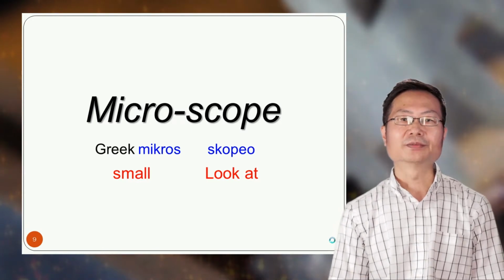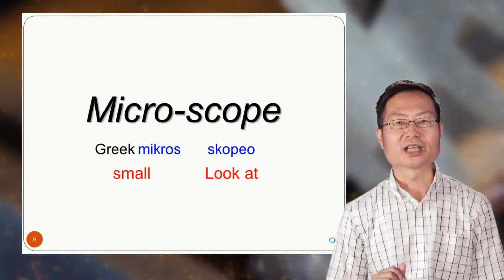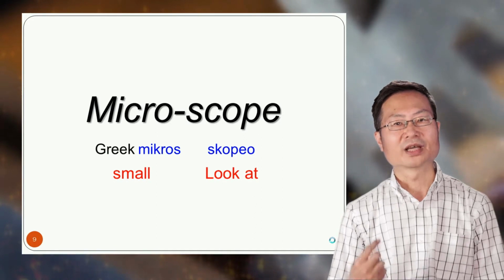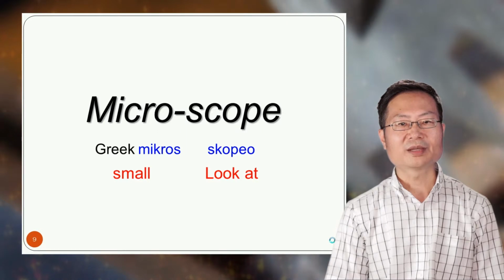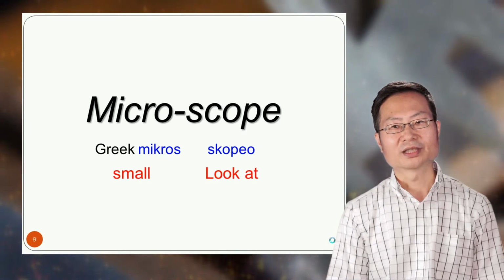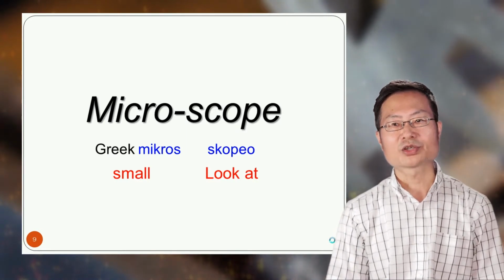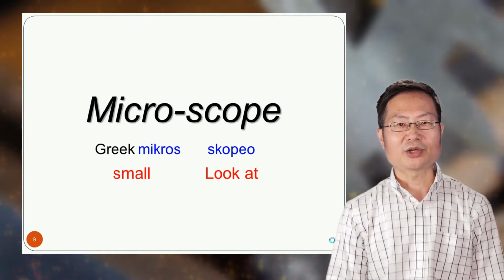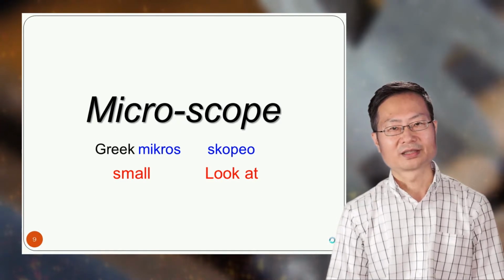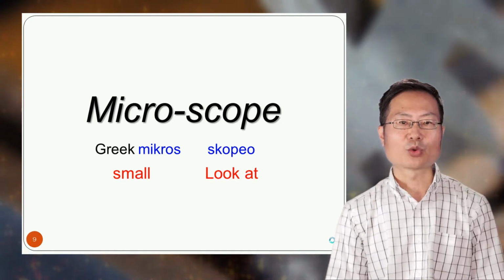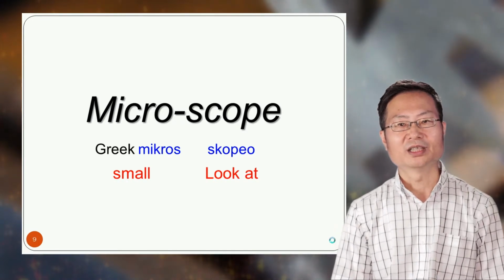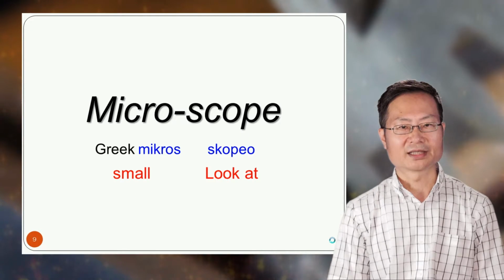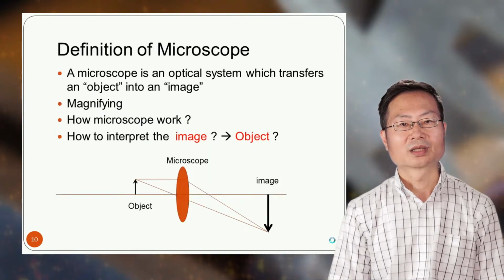With the help of microscopy, humans are able to look at smaller and smaller details of the world around us. For example, biologists want to examine the structure of cells, bacteria, and viruses. Material scientists want to see the inhomogeneities and imperfections in metals, crystals, and ceramics.